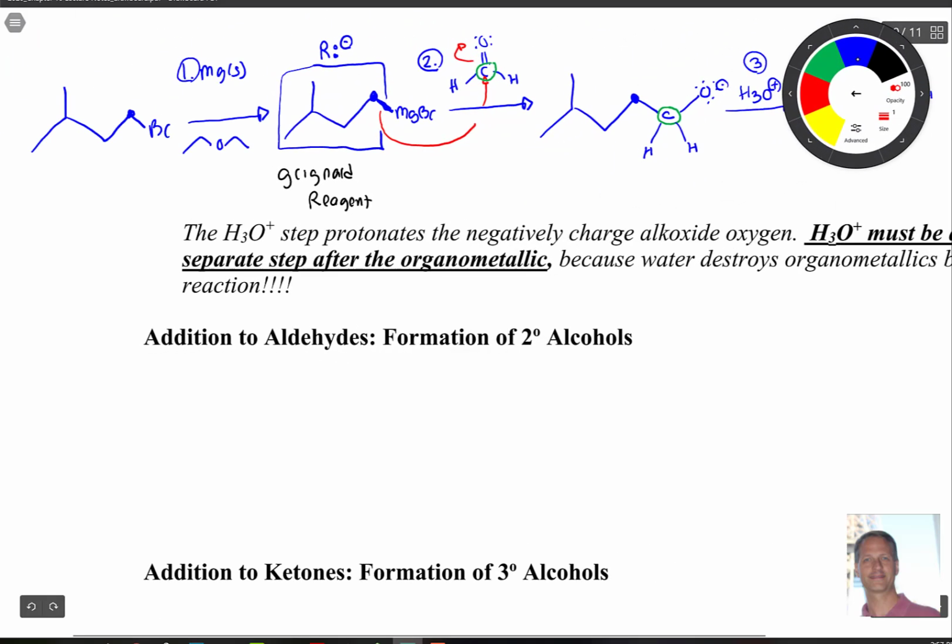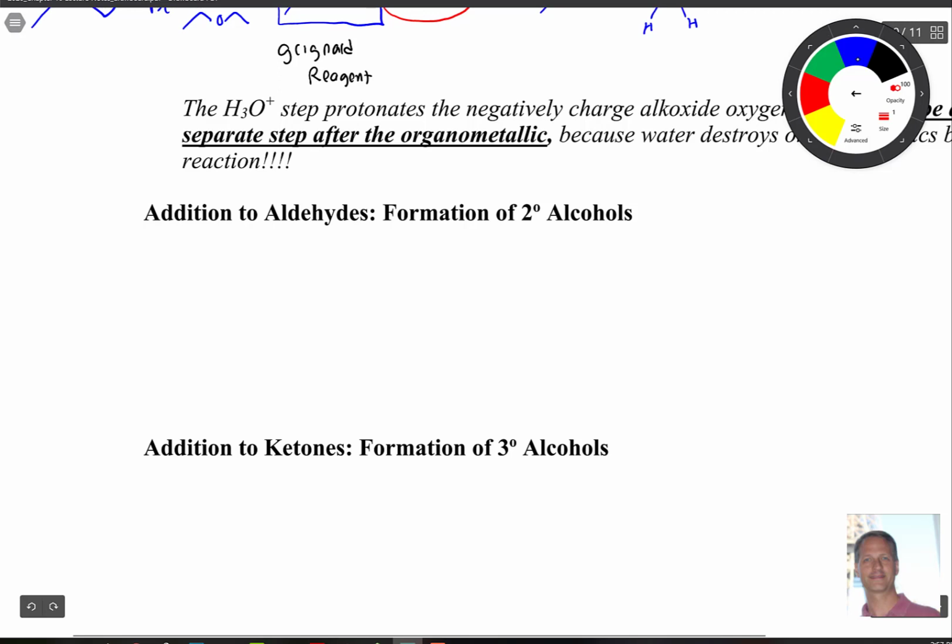All right, so for our secondary alcohols, we're going to have to use an aldehyde that has at least a carbon on it. So let's take a look down here below. Formaldehyde has 2 H's, so we put an extra carbon on there and you get a secondary alcohol. Let's start off here with just our Grignard, so we don't have to rehash that step that's up above.